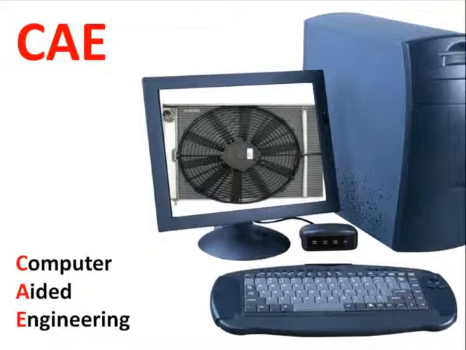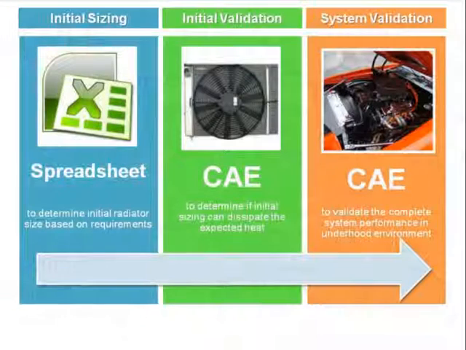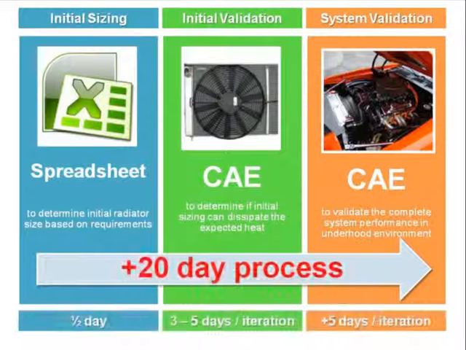Automotive manufacturers and suppliers use CAE as part of their development process to simulate and validate the best radiator design for their specific application. Although CAE in general is much faster for evaluating a number of designs than trial and error with physical tests, the traditional radiator analysis process can take as long as 20 days or more from initial design through final system validation.